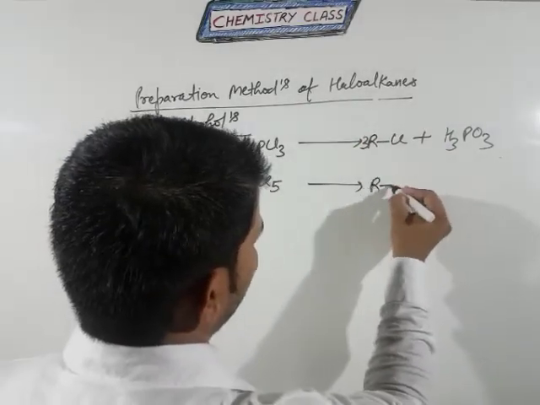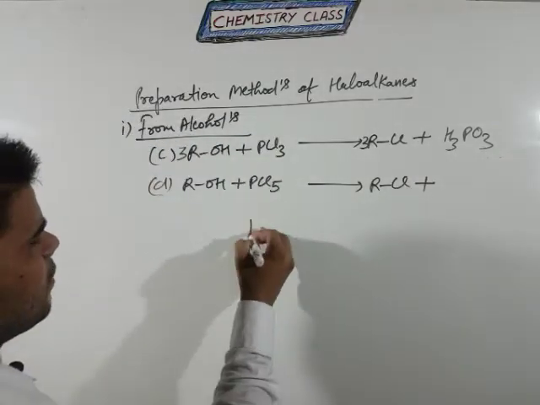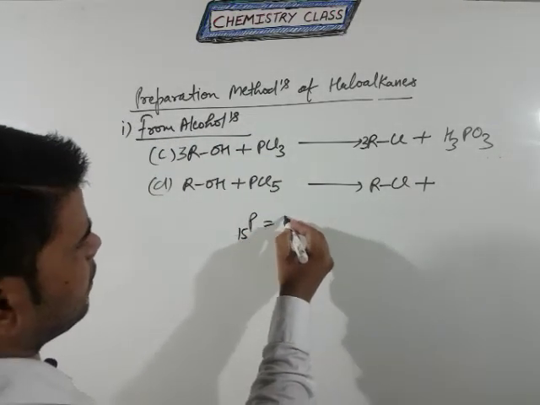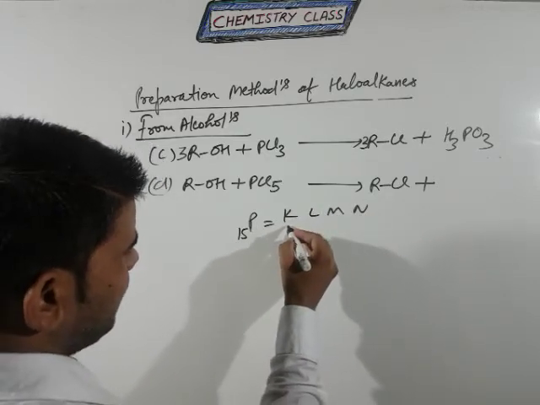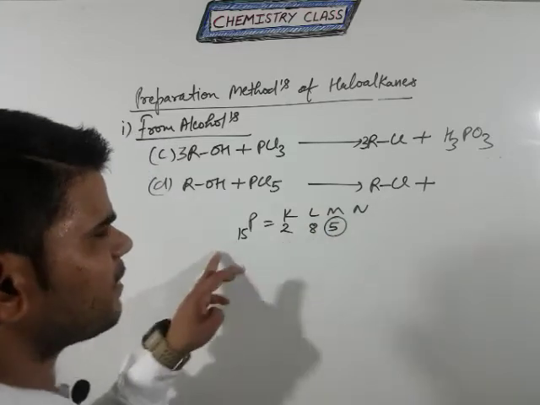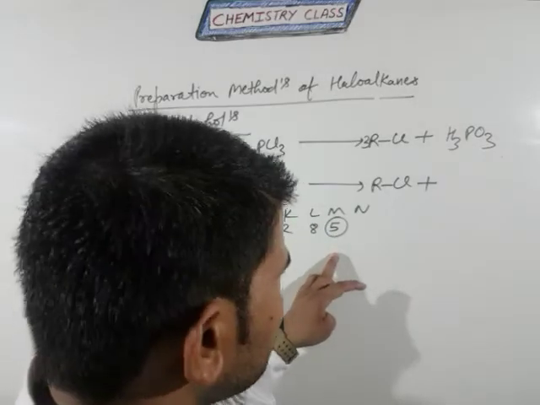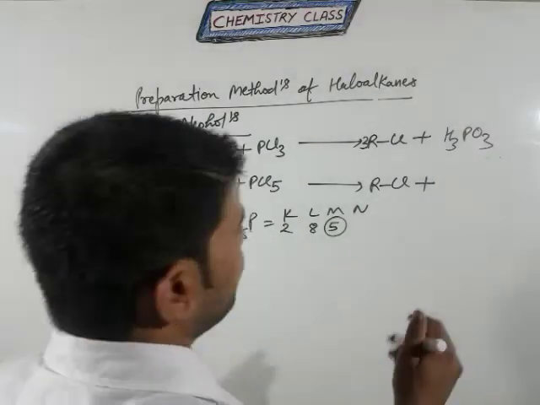The alkyl halide formula is RCl, and we know the phosphorus atomic number is 15. Write the electronic configuration in the K, L, M series: 2, 8 and 5. So phosphorus has 5 valence electrons, which is why phosphorus makes a maximum of 5 bonds.